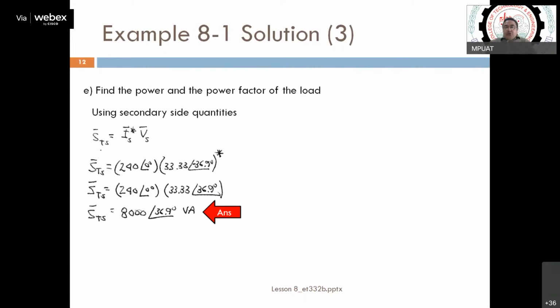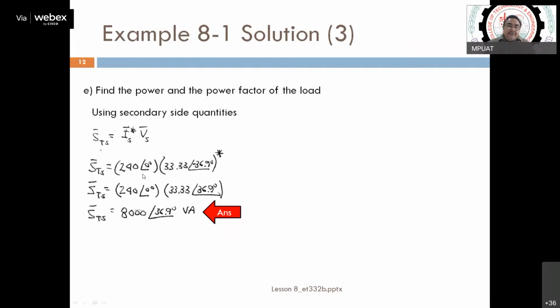Now if you are asked to find the power and the power factor of the load, you know that the apparent power, also known as the total power, is either V multiplied by the complex conjugate of the current, or the complex conjugate of the current multiplied by V. Both can be used. Here the complex conjugate of the secondary current multiplied by the secondary voltage has been used.